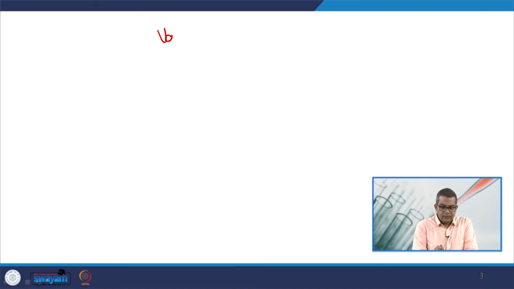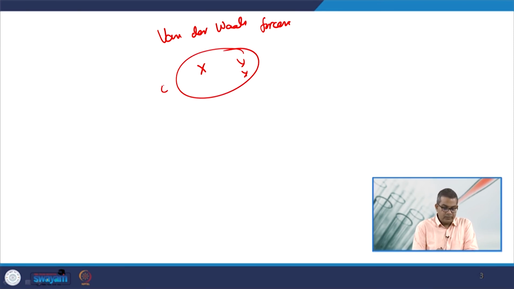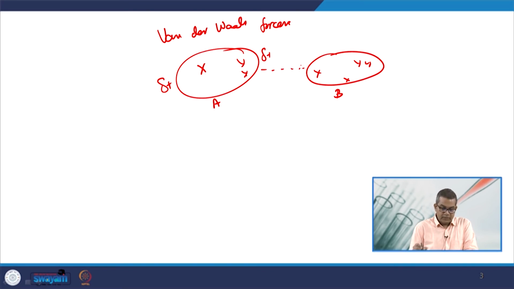Now, these van der Waals forces, like we are having two different segments. This is the A molecule, and this one is the B molecule. So, they may get attached like this. So, they are very weak type of system. Another practical example of this van der Waals force is this.